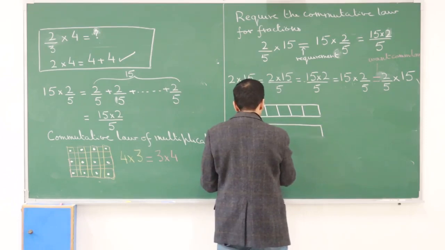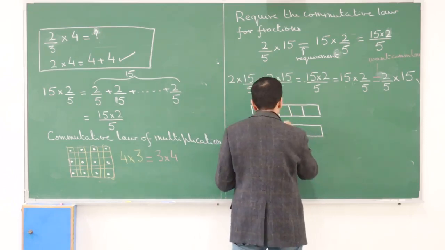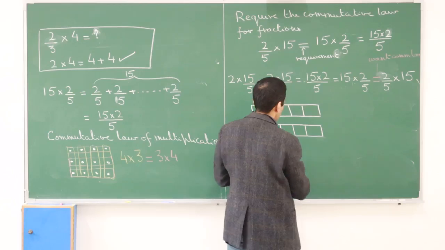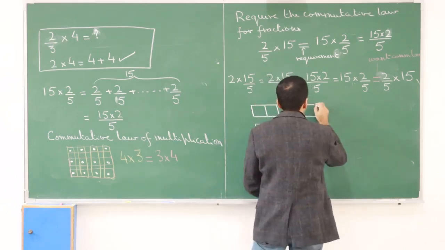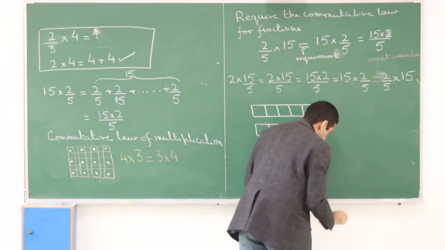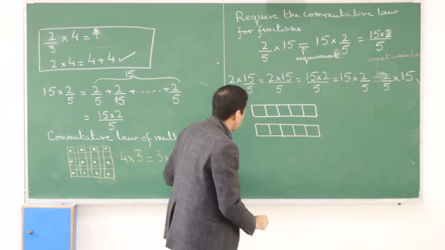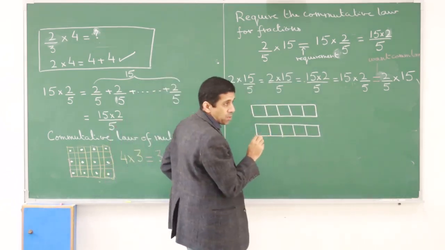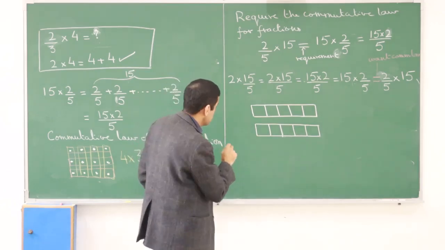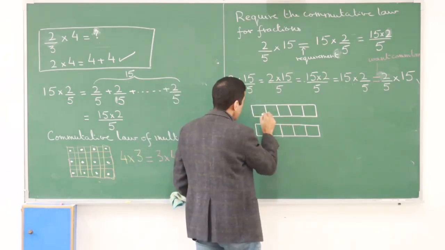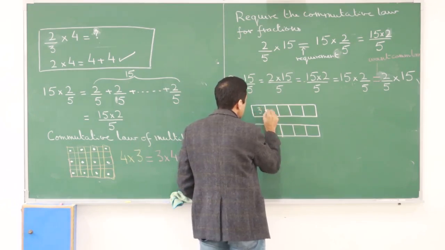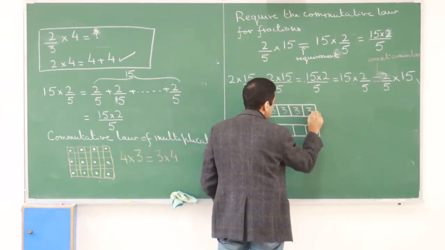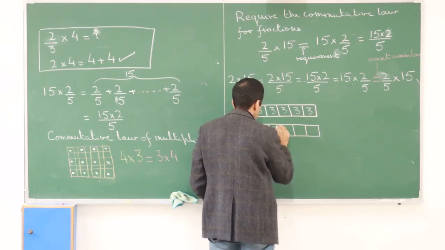Okay, so here, here, here, here. So these are the 15 chocolates of these ants, right? So now you can see each one of these, there are 5 equal pieces, so that means each one will contain 3, right? Because there are 5 equal pieces.